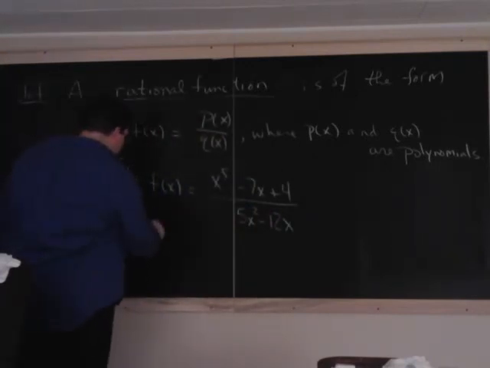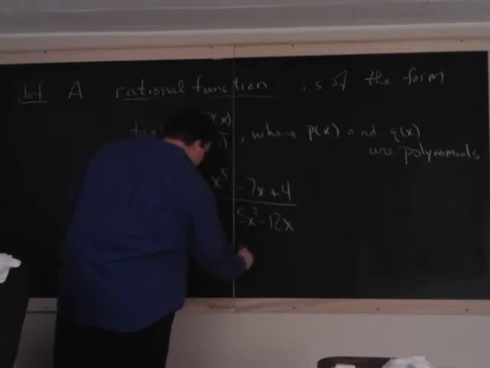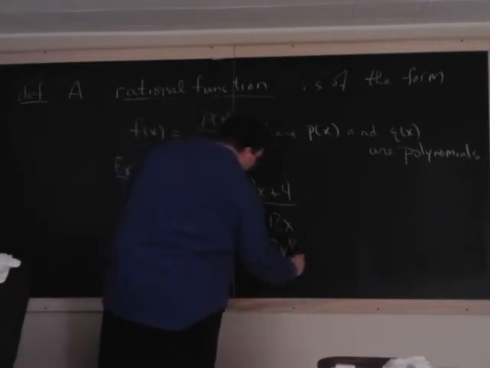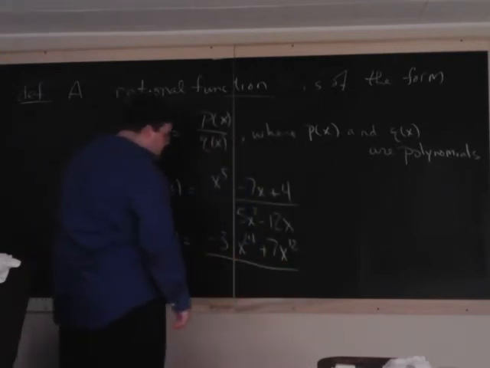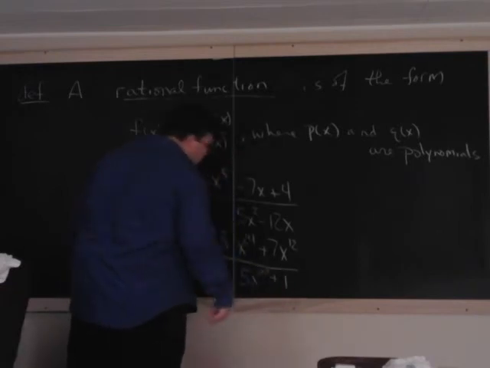Another example. F of x equals, let's see, negative 3x to the 24th plus 7x to the 12th, all over 5x to the 100th plus 1.